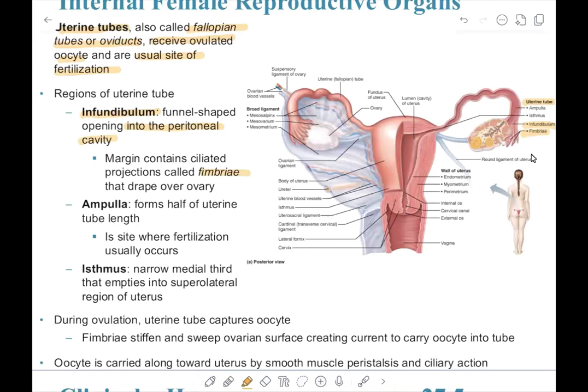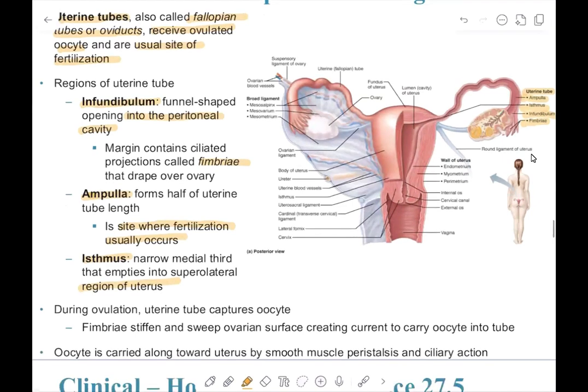The next part of the uterine tube is the ampulla, and this forms about half of the uterine tube length. And what's important about it is it's the site where fertilization occurs. And finally, the last part of the uterine tube is called the isthmus, and that is closest to the region of the uterus. So during ovulation, the uterine tube is going to capture that oocyte.